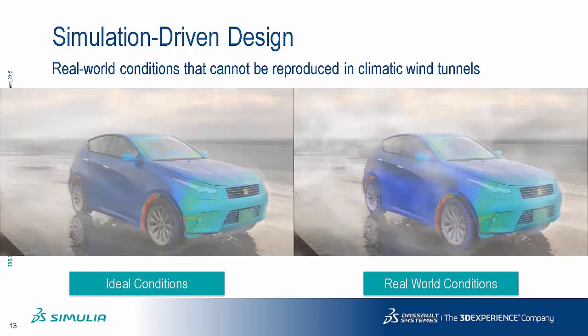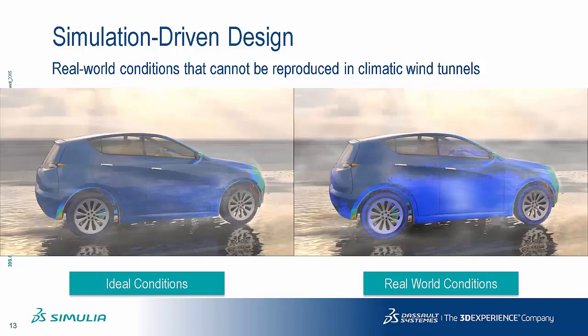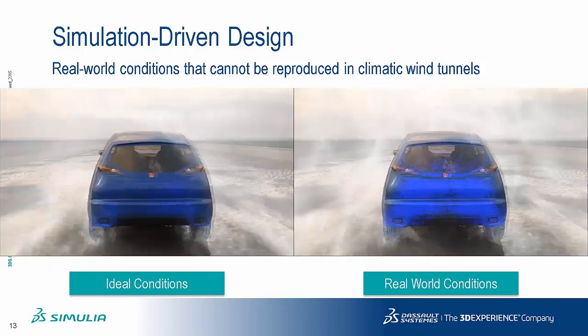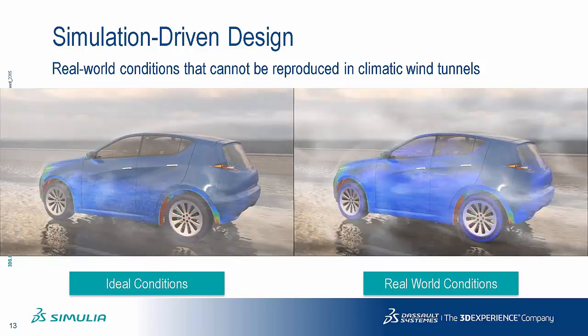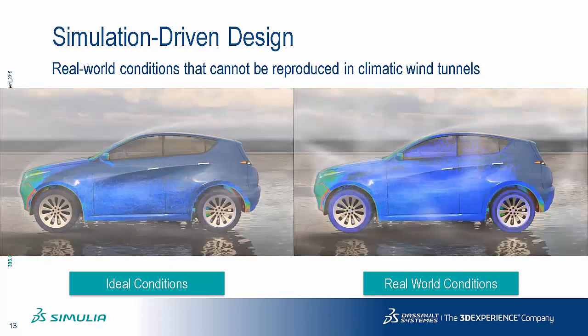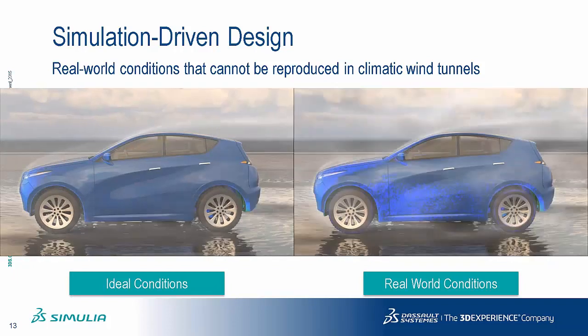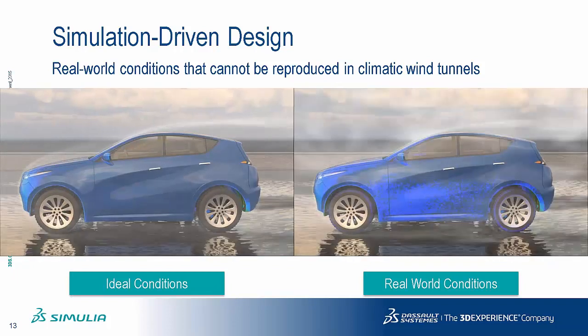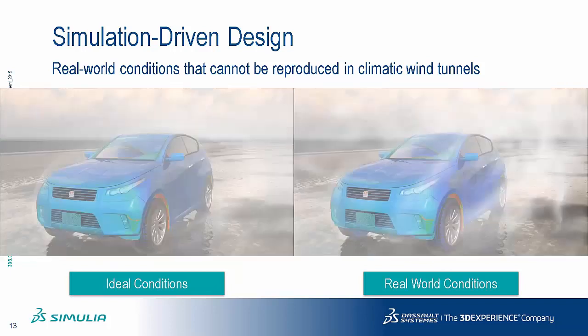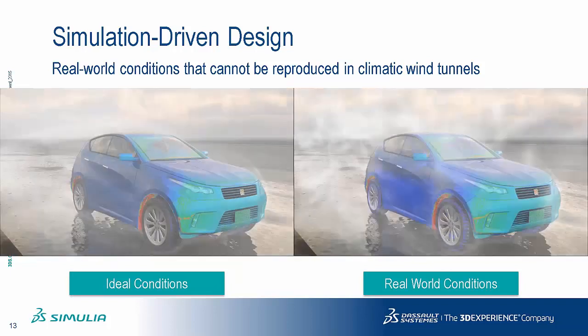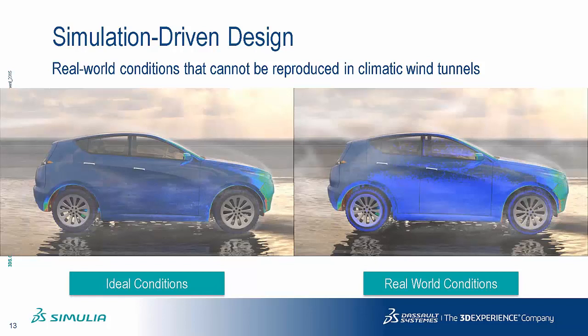As you can see here on the right, the soiling is getting up much higher on the vehicle. We're actually getting a lot of water deposited on the rear glass. So for example, if you design this vehicle in ideal conditions, you might think that you don't need a rear wiper, whereas you might come to a different conclusion if you were looking at real-world conditions.